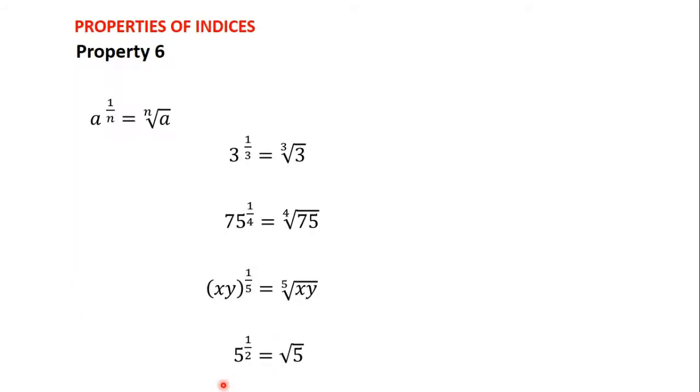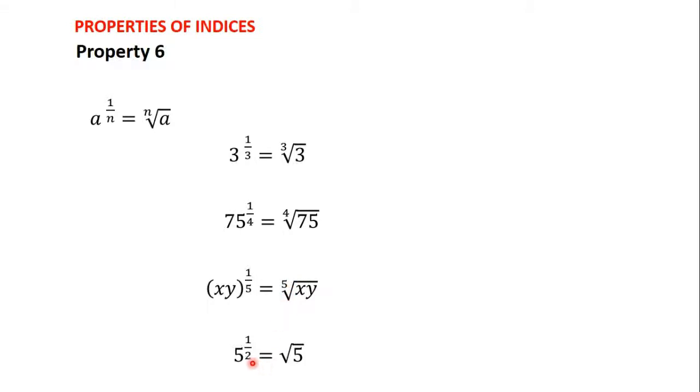Now let's consider this. If this time n is 2, so you have 5 exponent 1 over 2, this will give us the square root of 5. And this is how to write the square root of 5. You write the root sign, 5. So if n is 2, like you see here, you are not going to write 2 as a small number here. You only do that when n is 3, 4, 5, and so on.